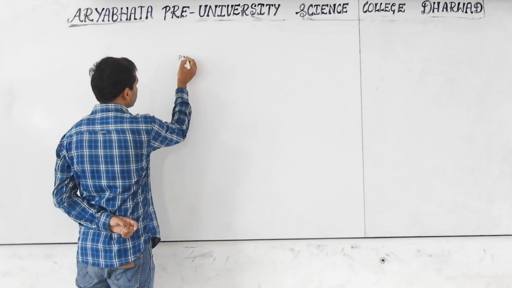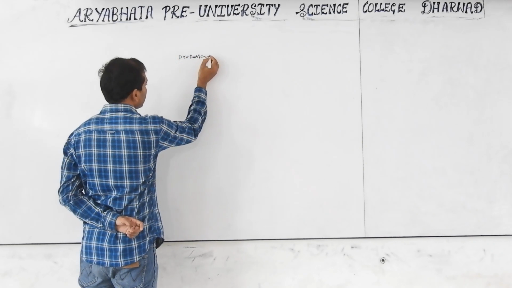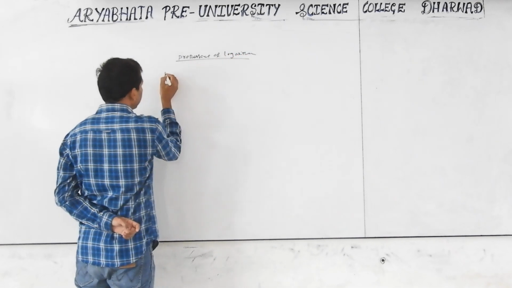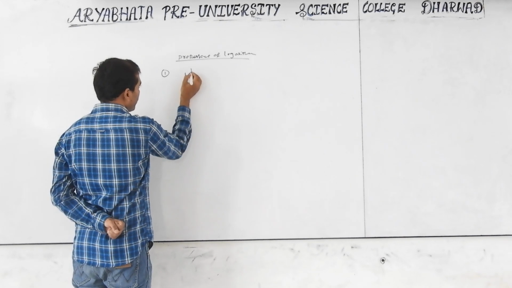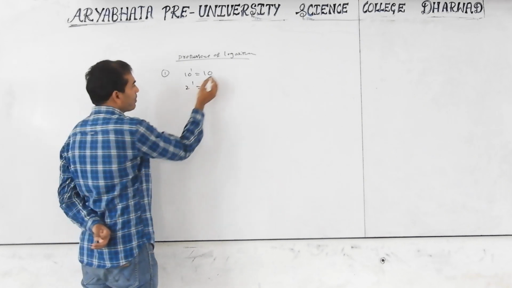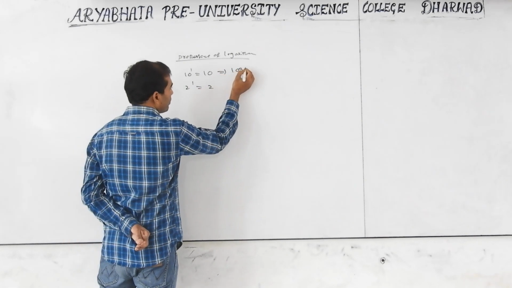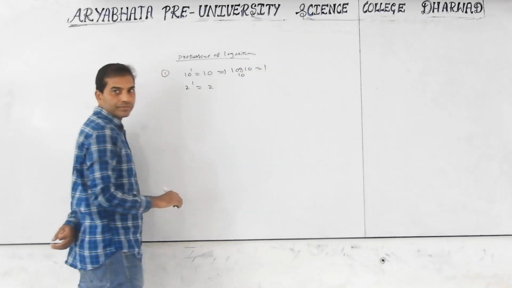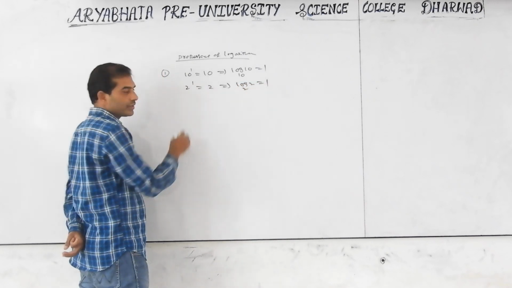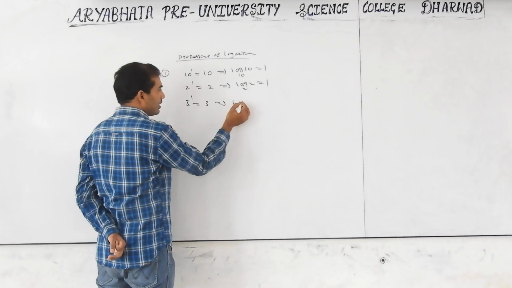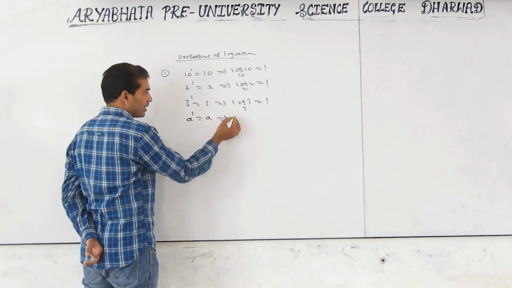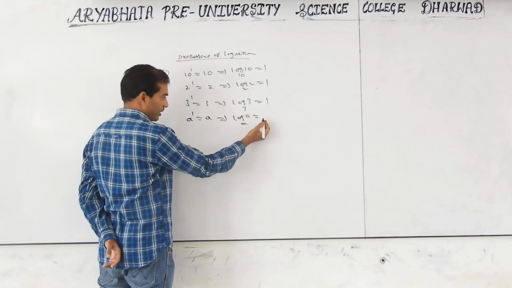Now, properties of logarithms. First property, listen. 10 power 1 equal to 10. 2 power 1 equal to 2. 10 power 1 equal to 10, we can write in logarithm form, log 10 base 10 is 1. 2 power 1 equal to 2, log 2 base 2 equal to 1. 3 power 1 equal to 3, tell me, log 3 base 3 equal to 1. a raised to 1 equal to a, log a base a equal to 1.